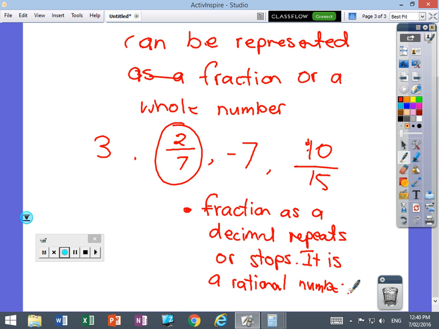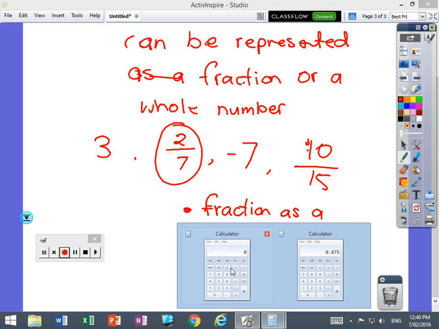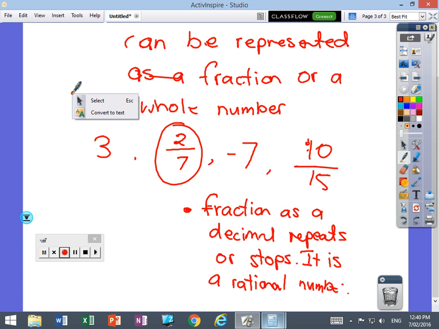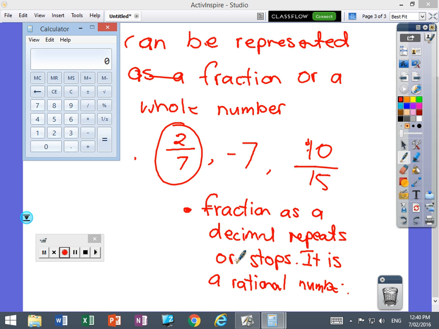Okay? And if I did another example of this, something clear, a really simple fraction of 1 over 2, 1 divided by 2.